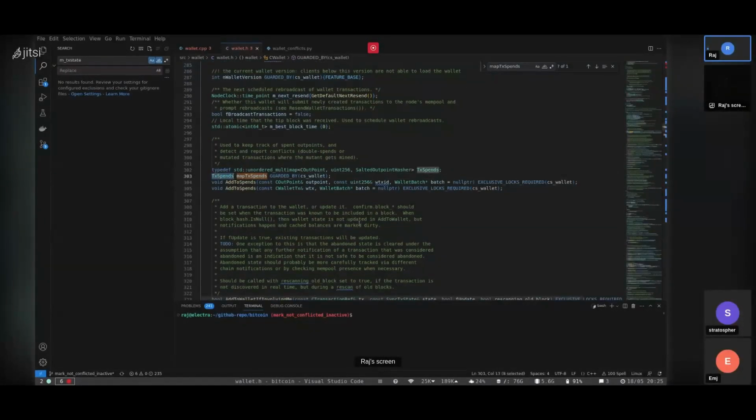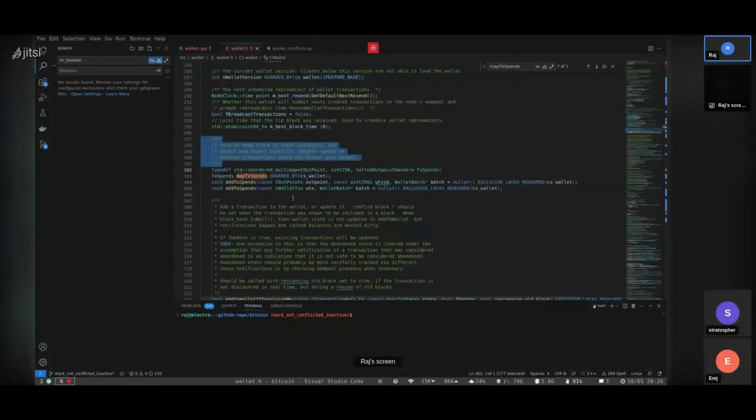TxSpends is an unordered multimap of outpoint and uint256. So yeah, basically this document describes it. It's basically a map of all the transactions that spend a known outpoint.